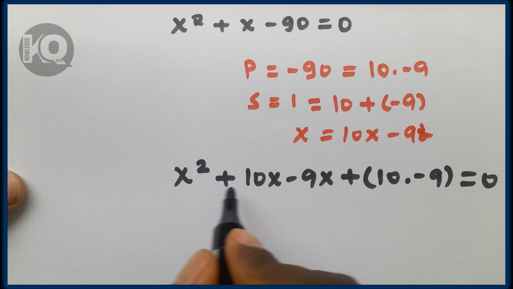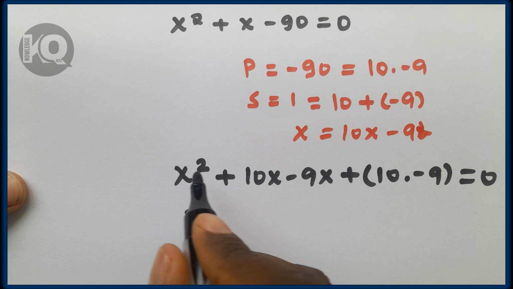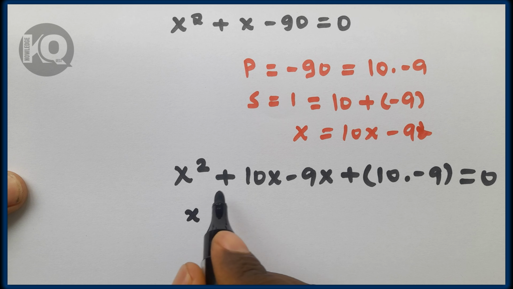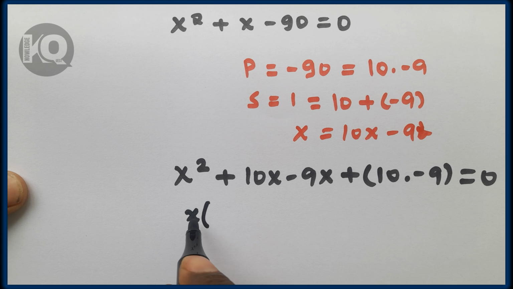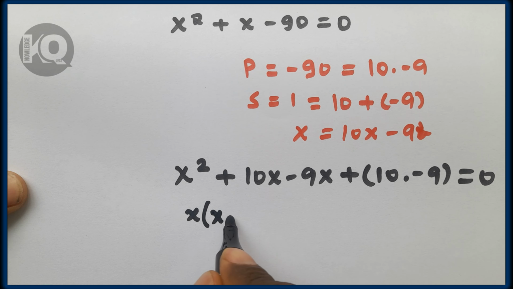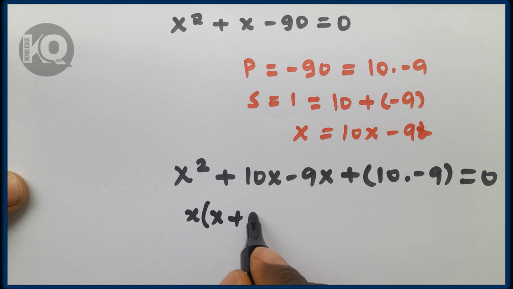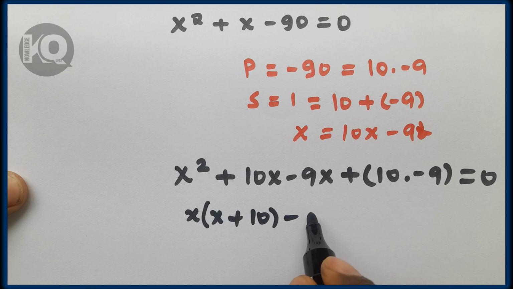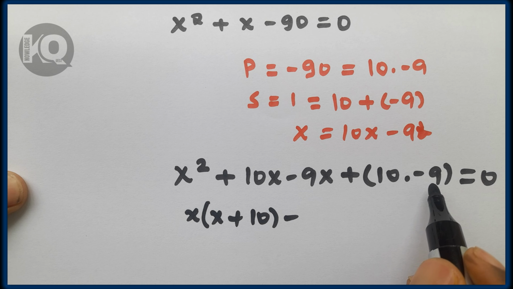So we have x as a common term. Let's factor out x. When we factor out x, x squared divided by x will be x, plus 10x divided by x will be 10, minus, we have minus 9.